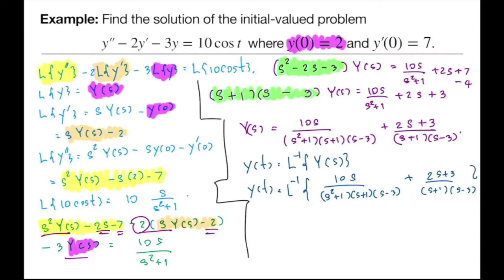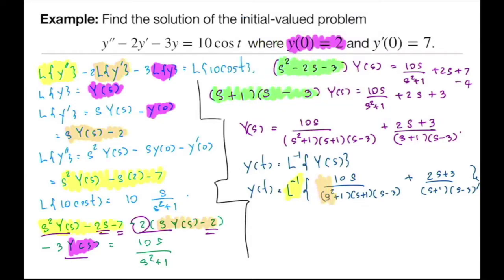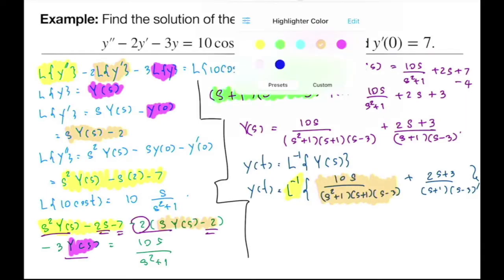And guys, to find this inverse Laplace transform, if you remember, we did this last week, we need to use partial fractions.